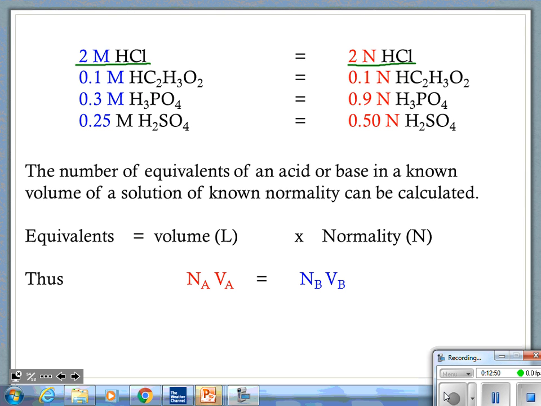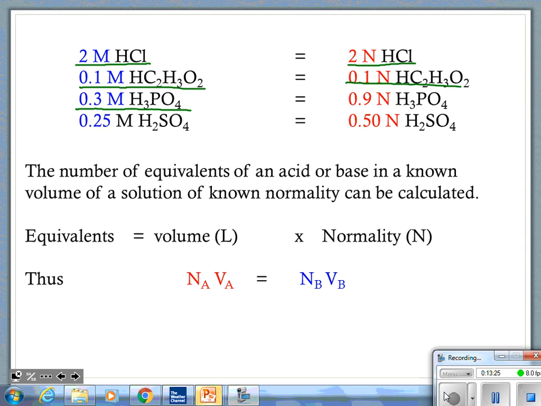Now, let's look at acetic acid. Is acetic acid monoprotic, diprotic, or triprotic? Monoprotic. So, if I take that number, 0.1, times it by 1, I get what? 0.1. There I have it. Look at this guy right here.